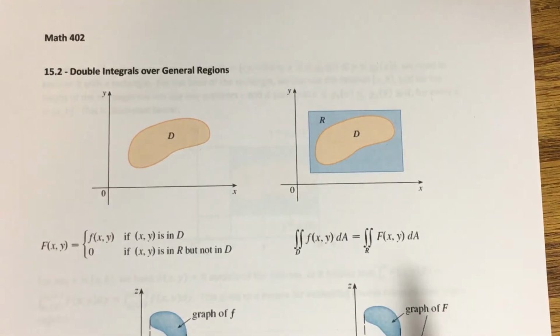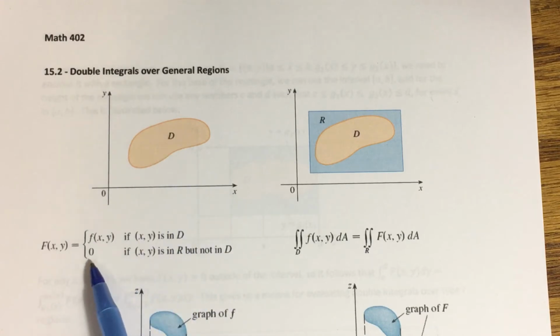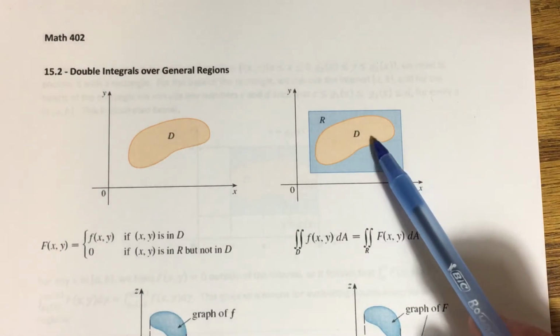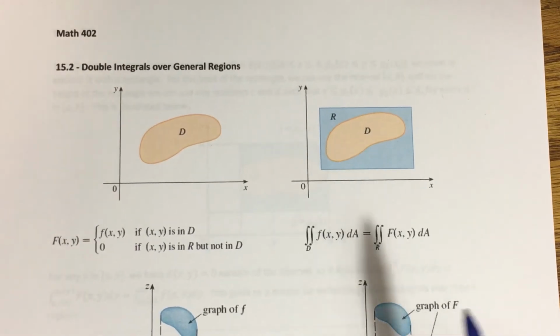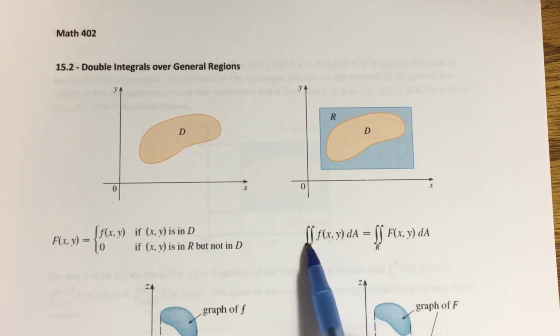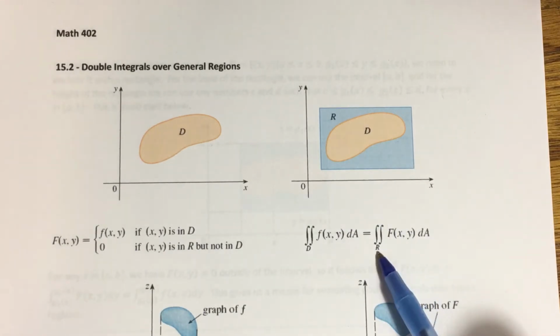And then what we do is we define capital F of xy as a piecewise function, where capital F of xy is equal to just regular f of xy whenever the point xy lies within that region D. And then we define it to equal 0 if xy is some point that's outside of D but in that blue rectangle R. So what that means is the double integral of that function can be taken over a rectangle, this rectangle R, which we have a technique for.